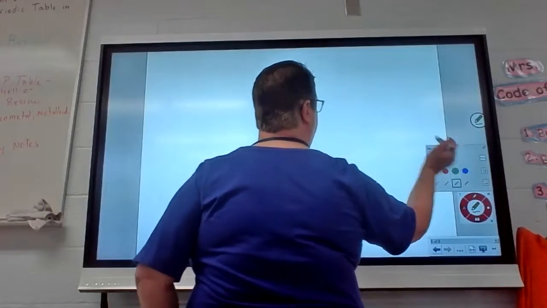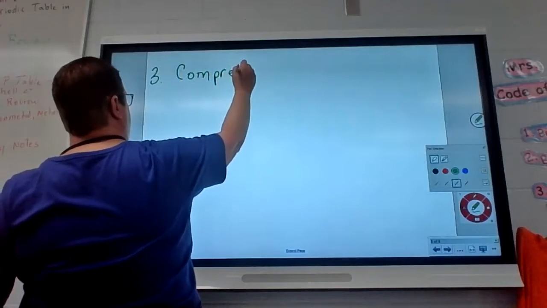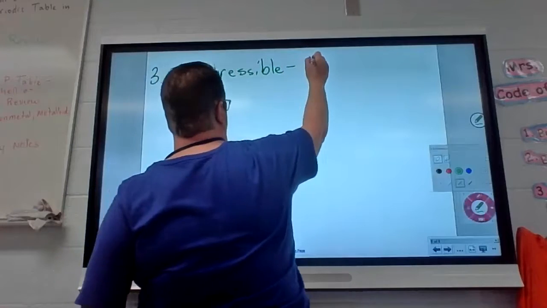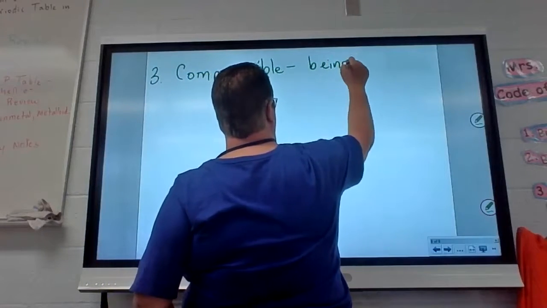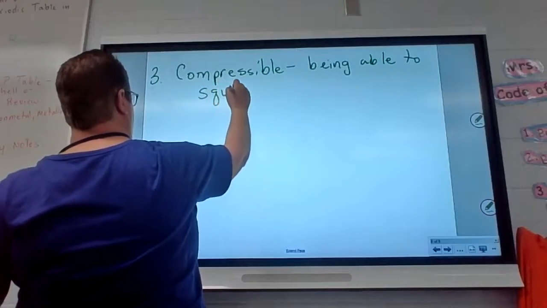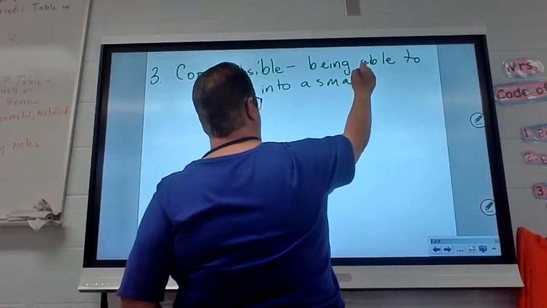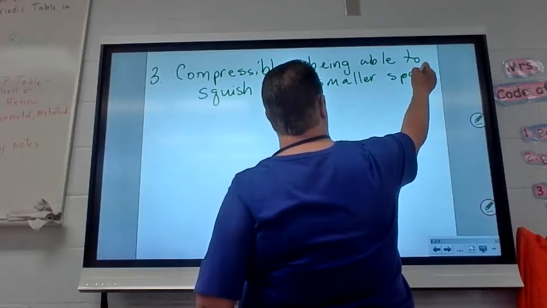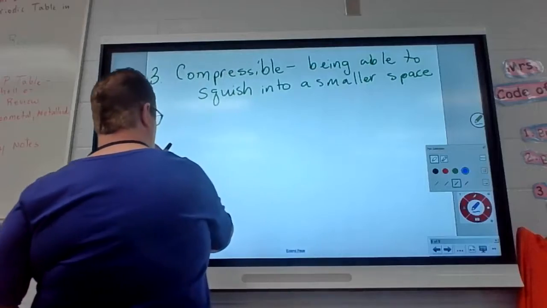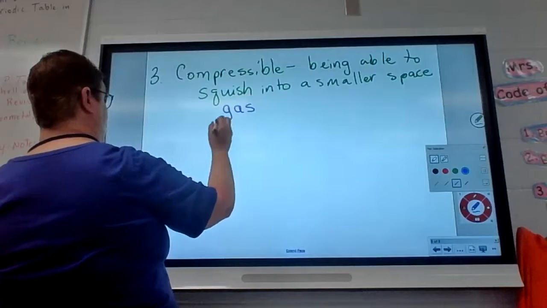Being compressible. This is one that often causes issues. It means being able to squish into a smaller space. Which states are compressible? Gas.